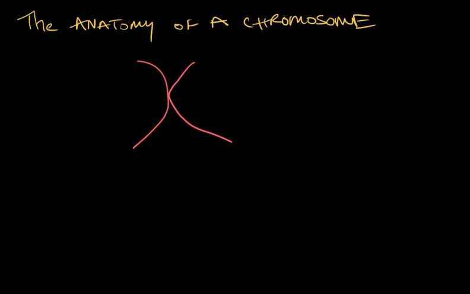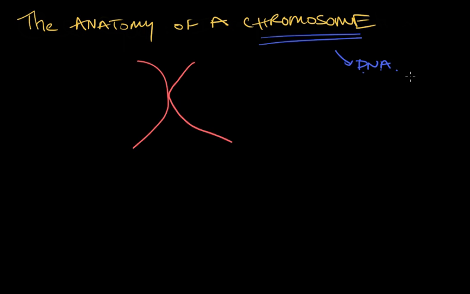And what you should know are a couple key parts to it. In case you don't already know this, a chromosome is made out of DNA. That's one of the vocab words, so you should know what that stands for.